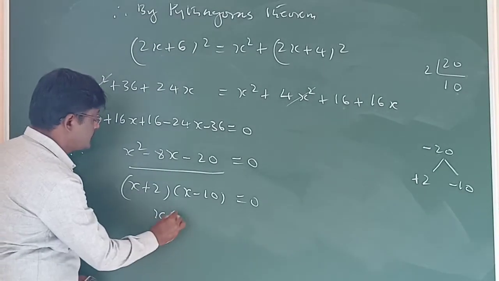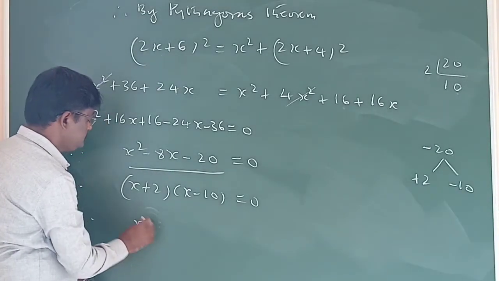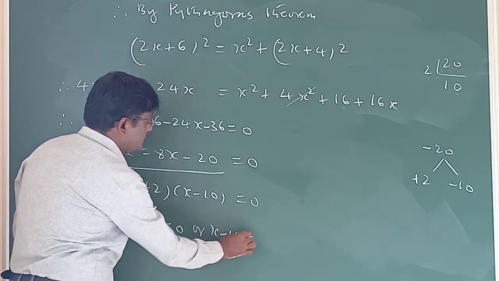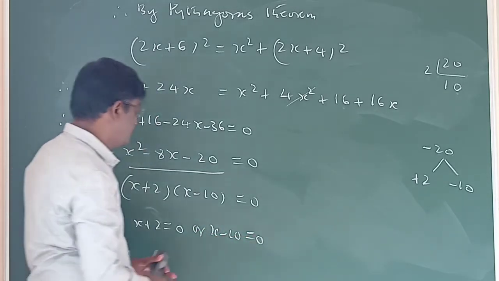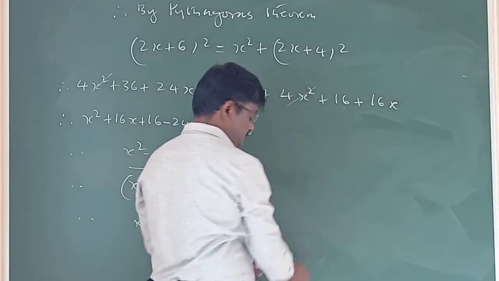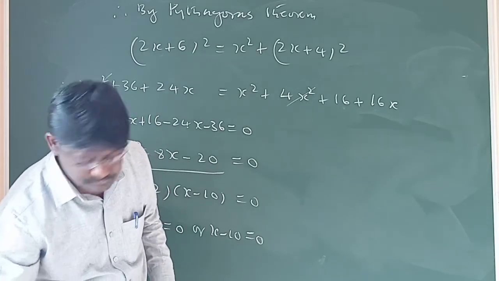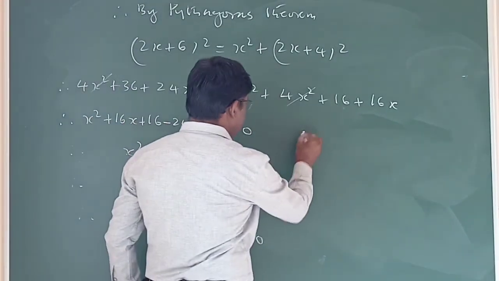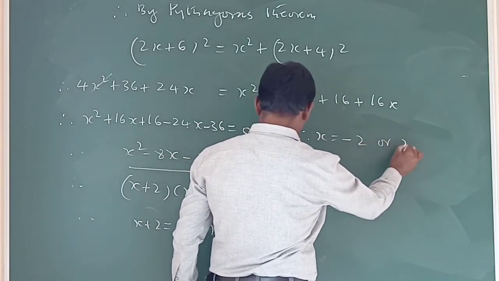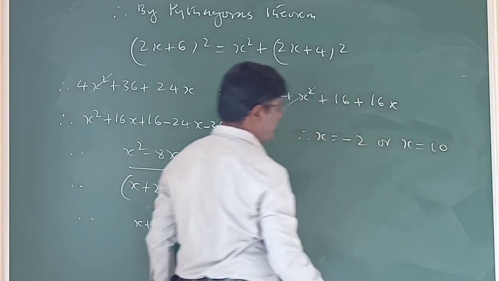Therefore, x plus 2 equal to 0 or x minus 10 equal to 0. Therefore, x equal to minus 2 or x equal to 10.